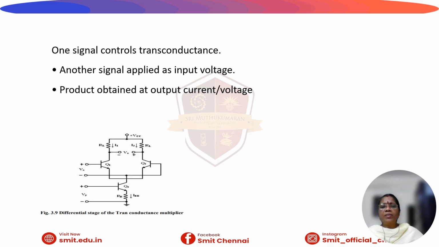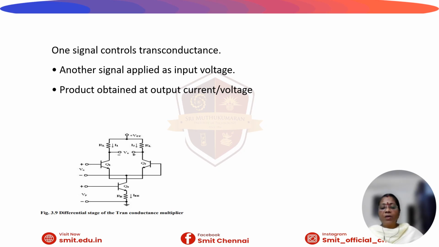The transconductance of a bipolar transistor is directly proportional to its emitter bias current IE. The input Vx is applied as differential voltage to the base of the input transistors. Input 2, Vy, controls the emitter bias current of the differential pair.